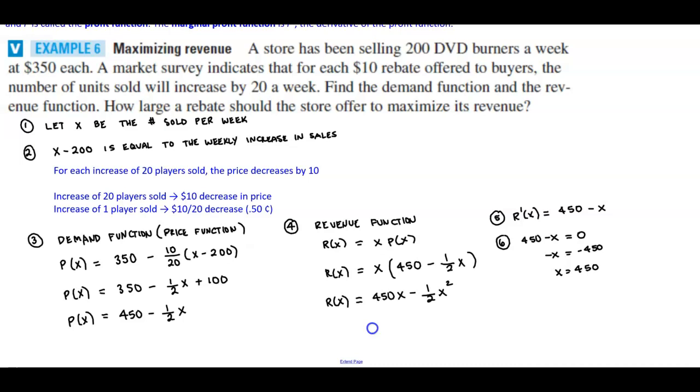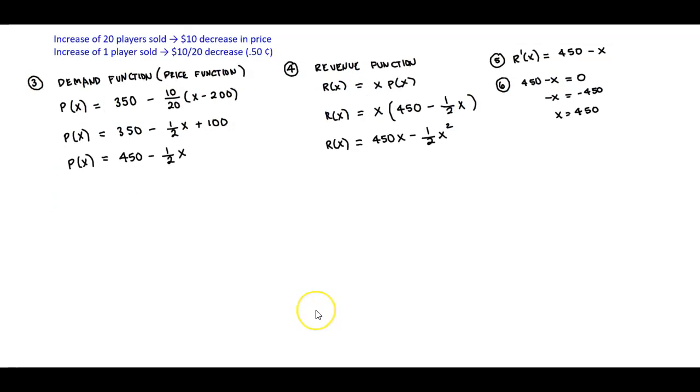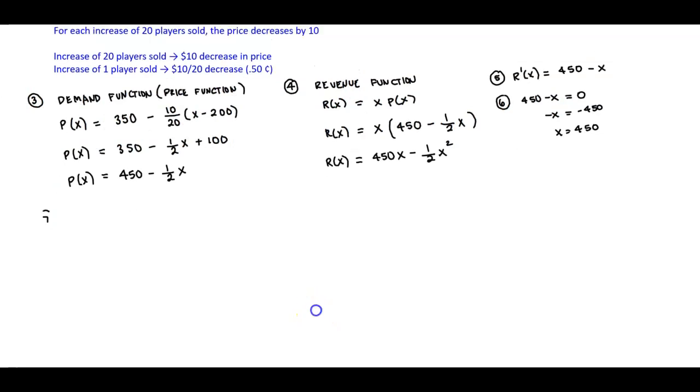Okay, so what does that tell us? Well, that tells us that R of x reaches its maximum at x equal to 450.